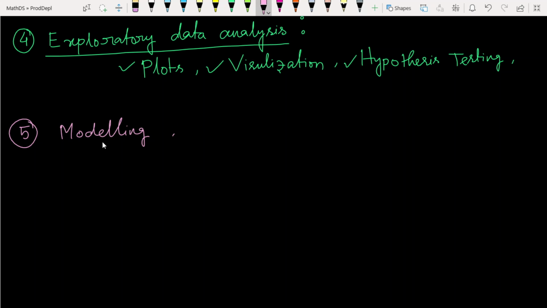After applying the right models, we have to evaluate them: how much accuracy these models give when applied to that particular data set. So, applying the models and evaluation.